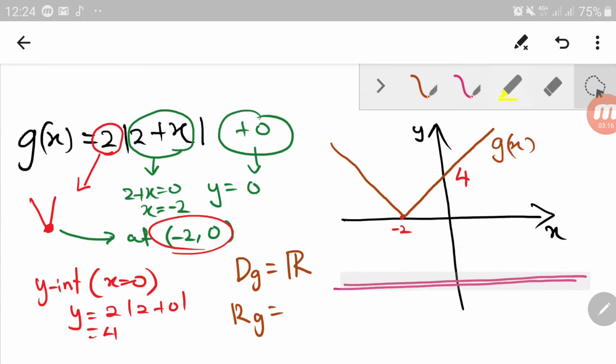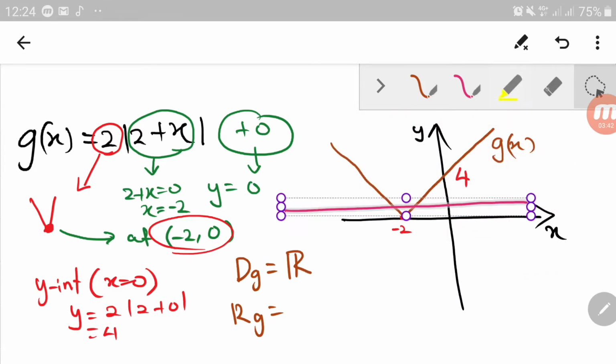Now these y values here are all negative, and as you can see, they don't touch the chocolate graph, the function that we made. But as soon as I move to y equals 0, the x-axis, it starts touching up to positive infinity. Therefore the range starts from 0, including 0, because 0 is part of the function, up until positive infinity.